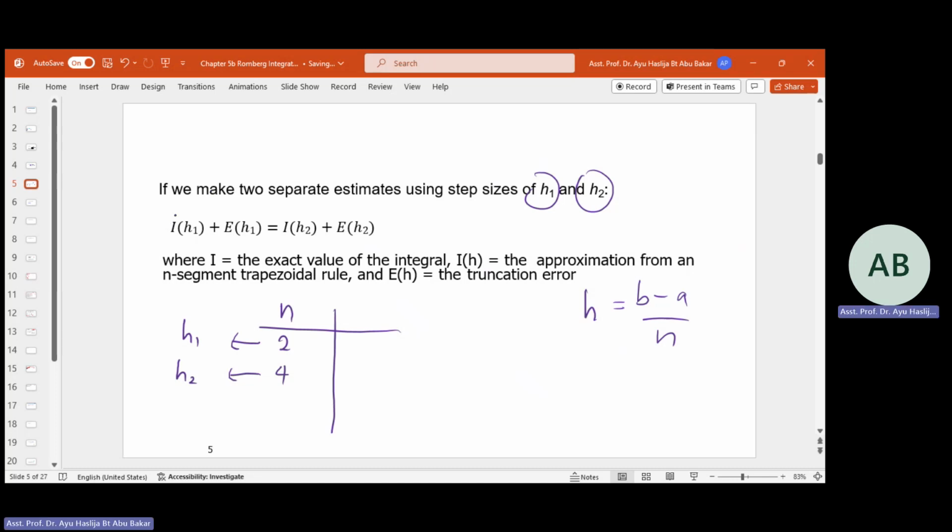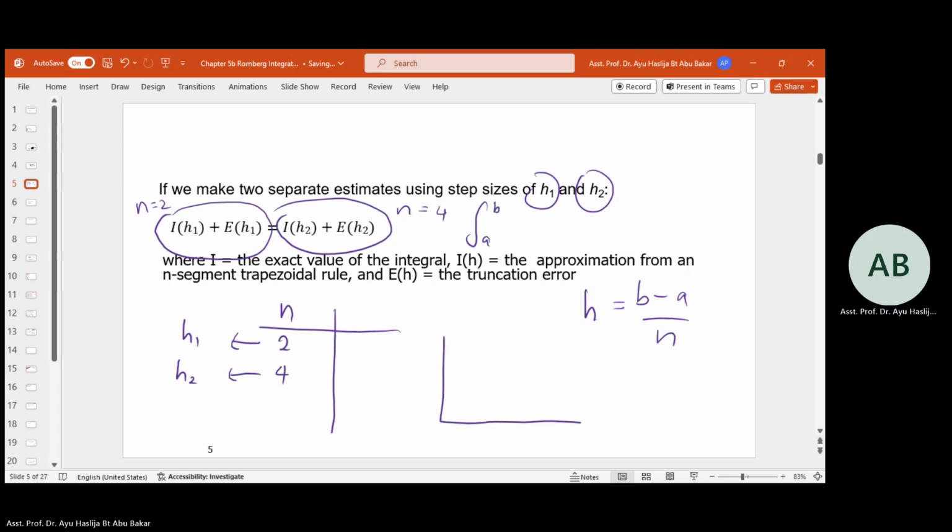Now here, this part is the integration for n equals 2. This side is the integration for n equals 4. Total integration is the same, between the same range, from A to B. All of this is area under the curve integration.